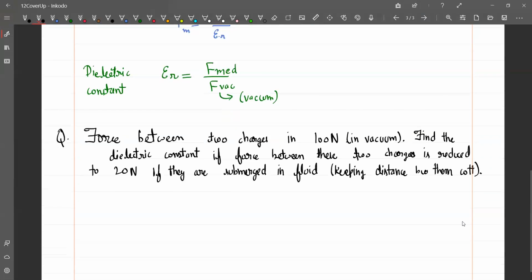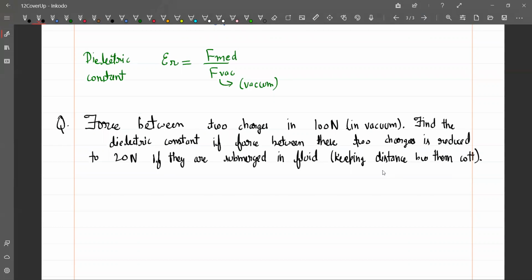Force between two charges is 100 Newton in vacuum. Find the dielectric constant of the fluid if the force between these two charges is reduced to 20 Newton when they are submerged in a fluid, keeping the distance between them constant.